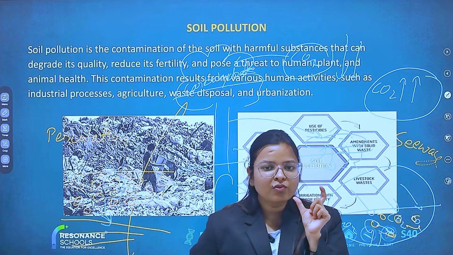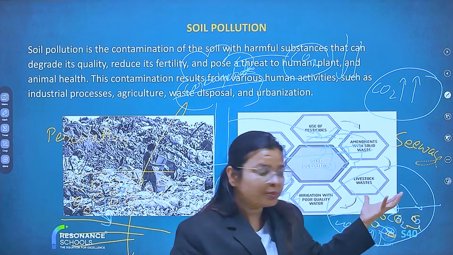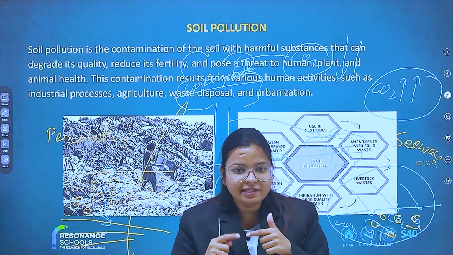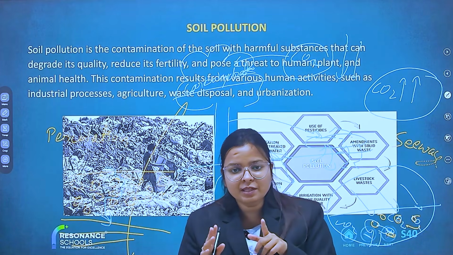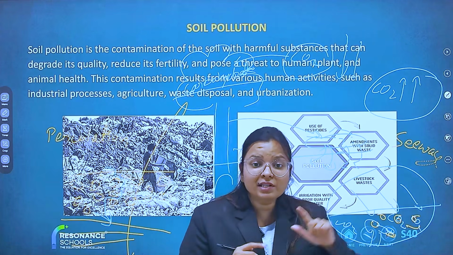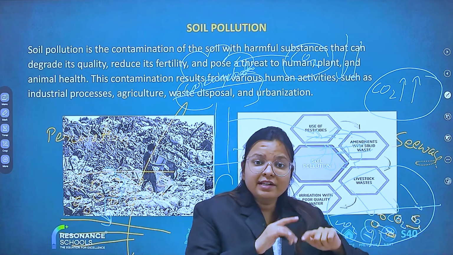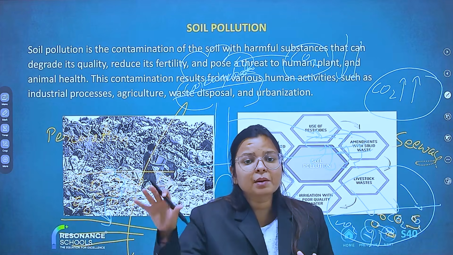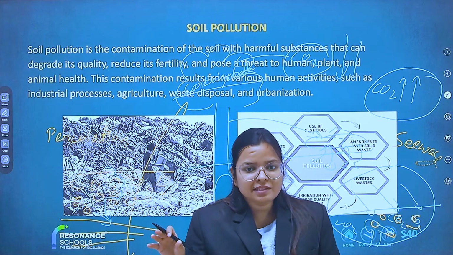Sewage treatment means the dirty water should be treated first, like primary treatment, secondary treatment, tertiary treatment. There are different kinds of treatment which should be done to sewage water, and then it should be drained into river water. But in some parts there is no sewage treatment.